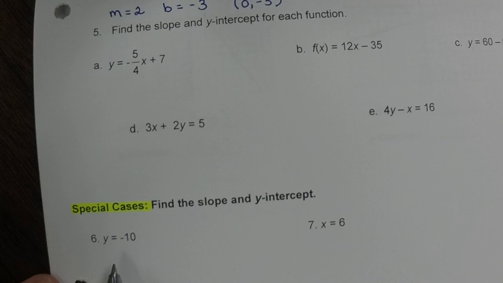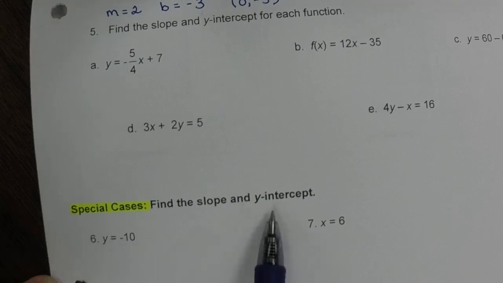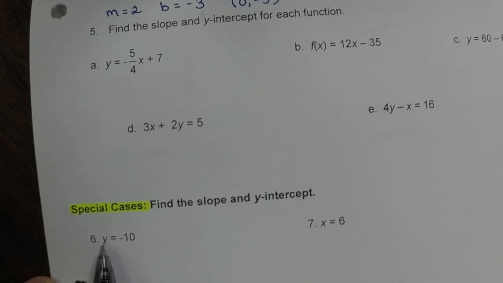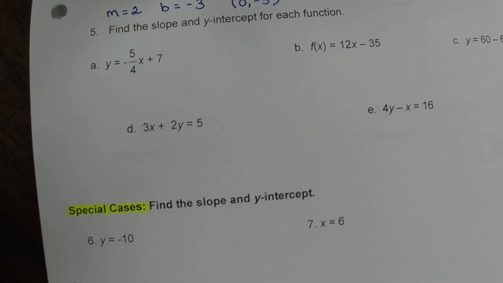I talked about whether or not they have a y-intercept and what the slope is. So remember, if it only has a y, that means it crosses only the y-axis. So you need to decide if that's horizontal or vertical. Same thing, if it only has an x, that means it only crosses the x-axis, so you need to remember if that's horizontal or vertical as well. If you have any trouble with that, let me know, and I am here to assist you.